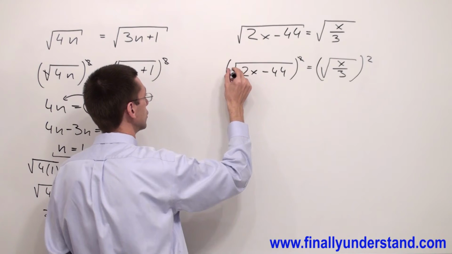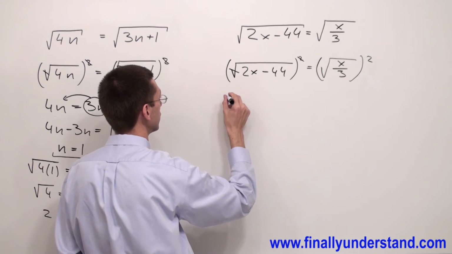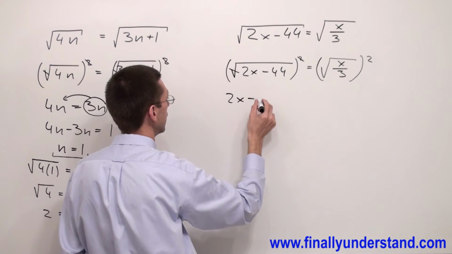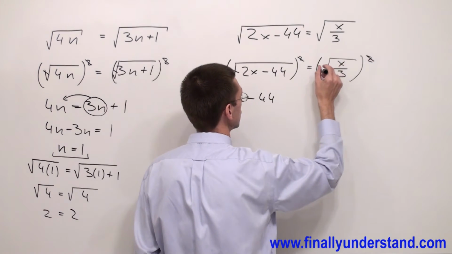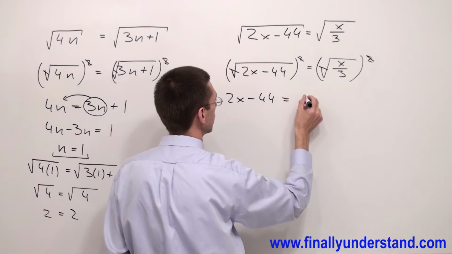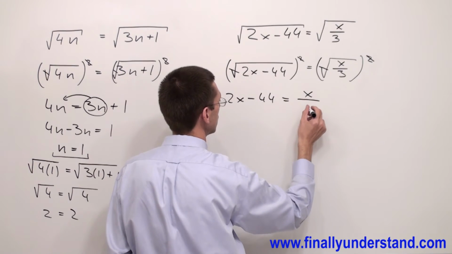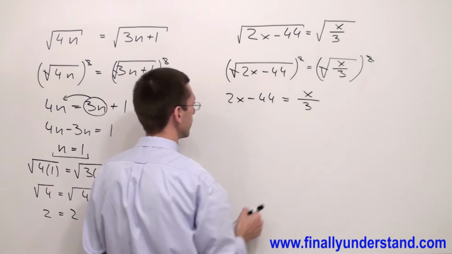So the exponent is going to eliminate my radical and I have 2x minus 44. Okay, and the exponent is going to cancel my radical and I have x over 3.